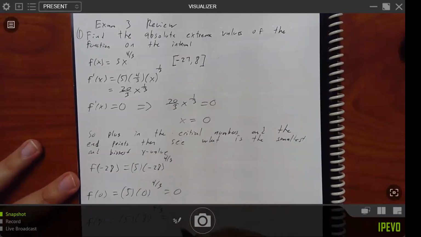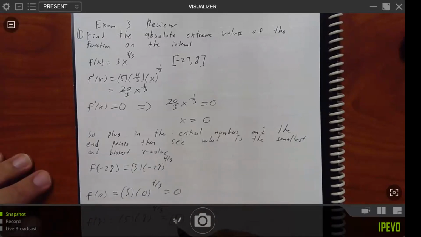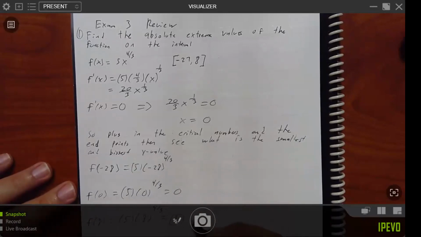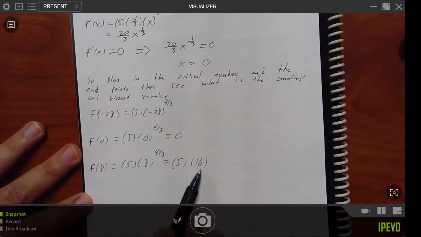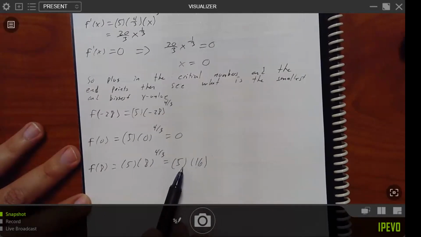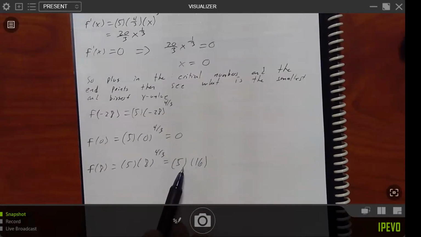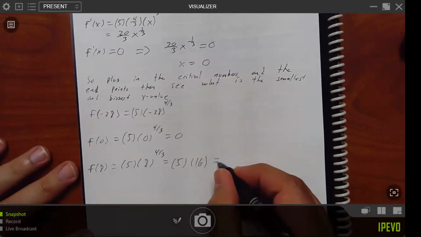The cube root of 8 is 2. 2 to the 4th is 16. 5 times 16 is what's left over. What's 5 times 16? Is that 80? I think it's 80.